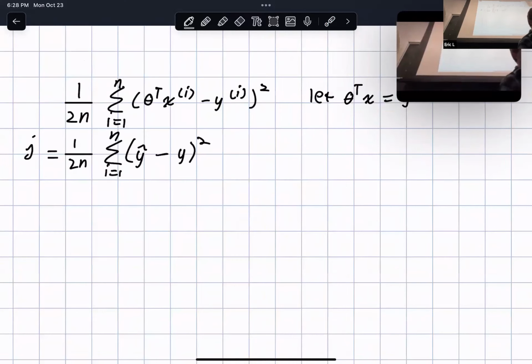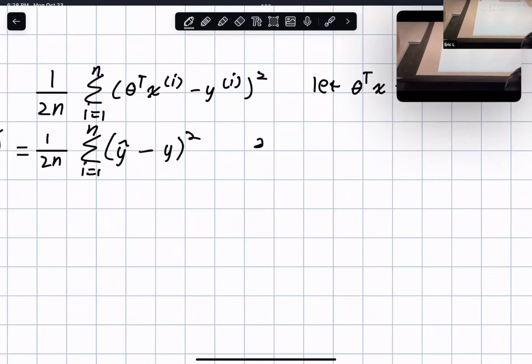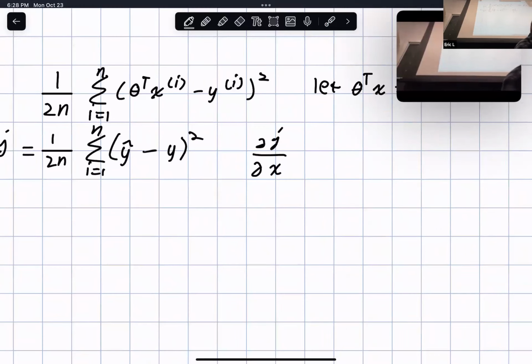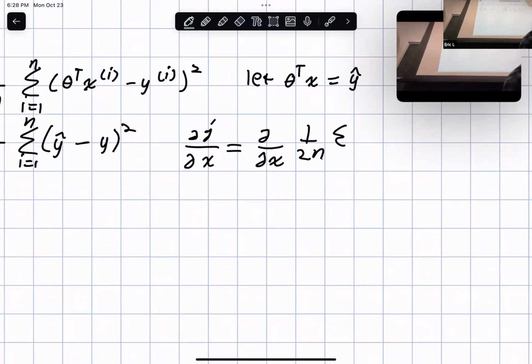So in our case, the gradient will be equal to the derivative with respect to x of 1 over 2n of the mean squared error function.